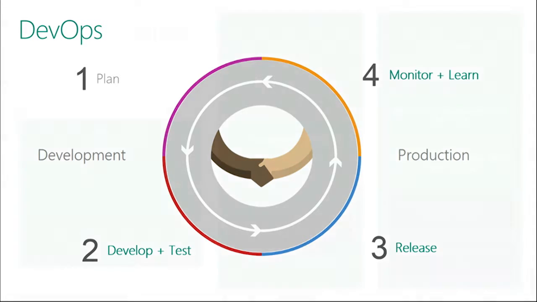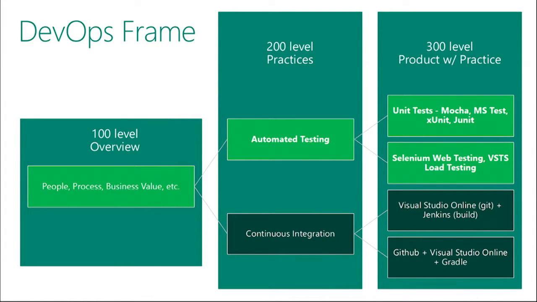We've also been talking throughout the series about mapping from an idea of DevOps, to the practices, and then down to the actual technology that you can use to implement. So at a 100 level, you're looking at streamlining the pipeline for frequent and rapid deployments into production with high quality, and I guess that's the key point here.